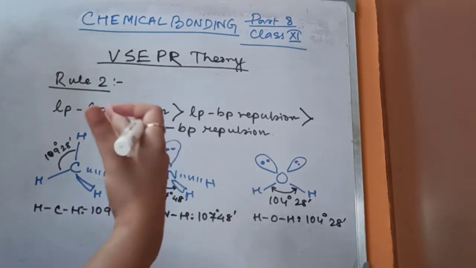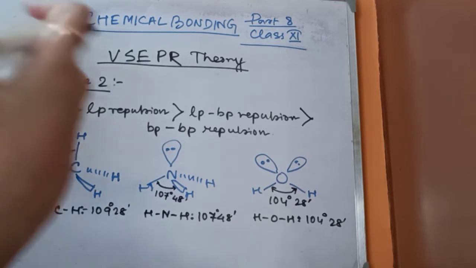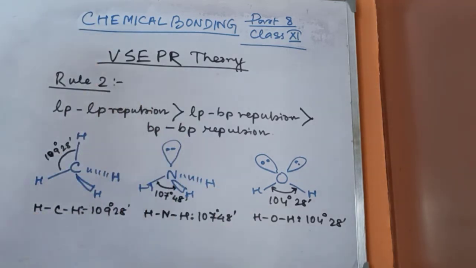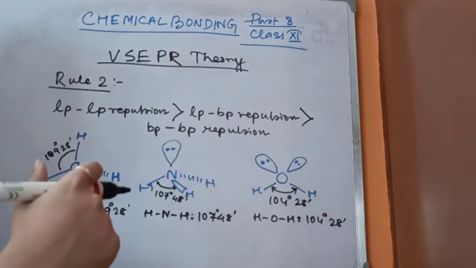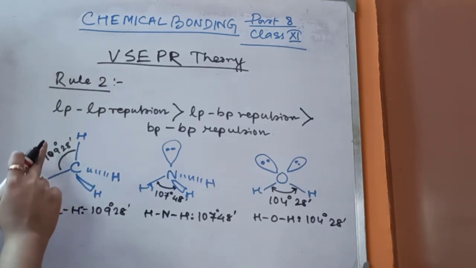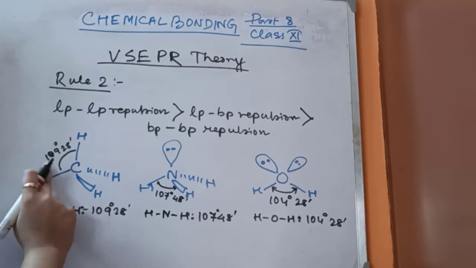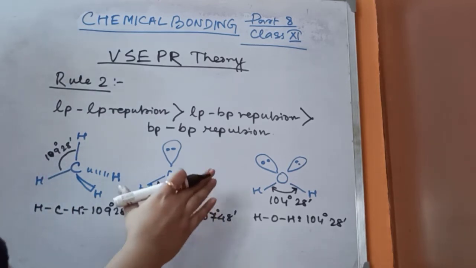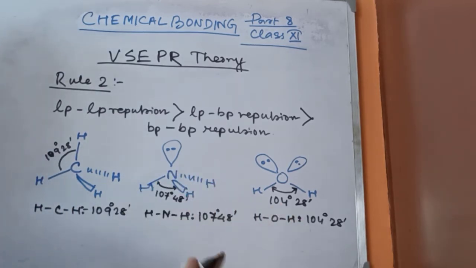The actual shape changes because of the presence of lone pairs. There is a change in bond angle as well. The ideal bond angle for tetrahedral geometry is 109 degree 28 minutes, but for ammonia as well as water, the bond angle decreases.